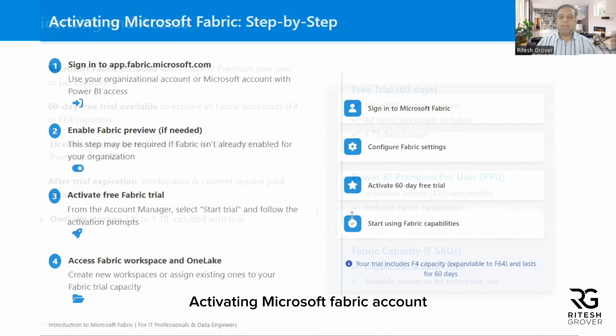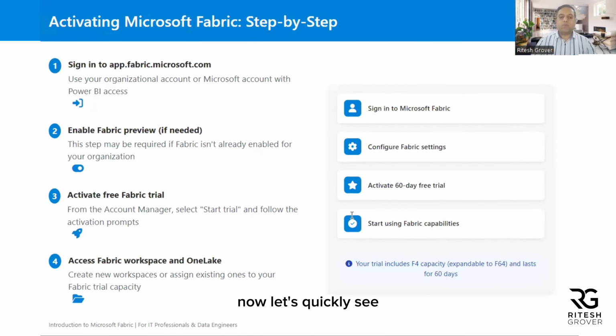Activating Microsoft Fabric account. Now let's quickly see how to activate your Microsoft Fabric account. These are the steps. I am just explaining the steps, and we will do it practically as well. Step 1, go to app.fabric.microsoft.com and sign in with your Microsoft account.